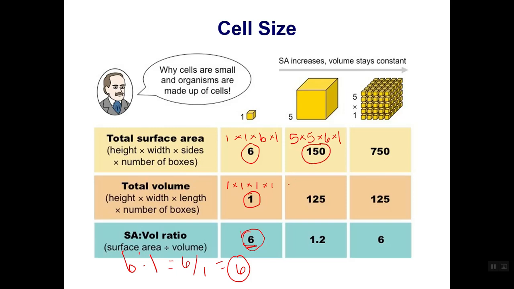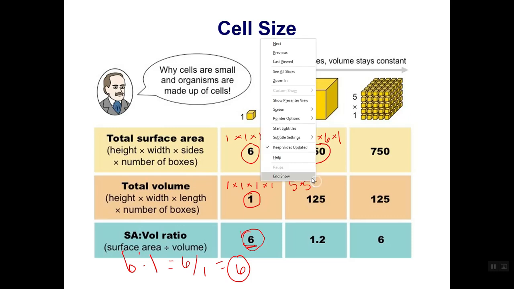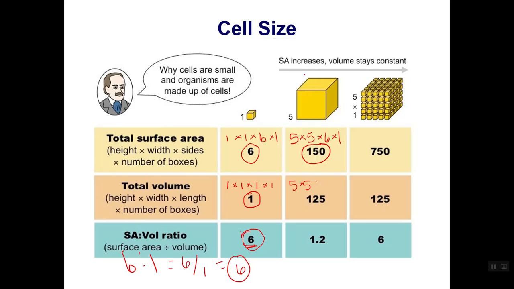Now for the volume. The height is 5 times the width, which is 5, times the length, which is 5. And now by the number of boxes, which is 1.